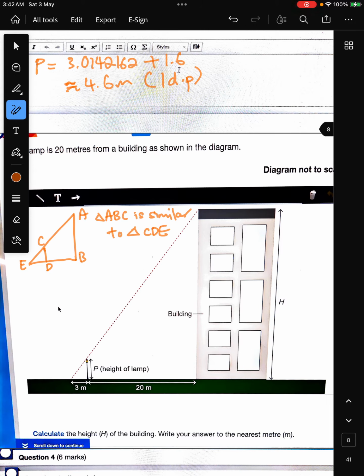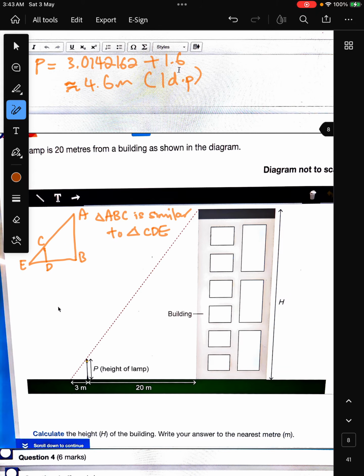Now let's recap what similar triangles are. Similar triangles basically means that both triangles have the same shape, but they do not necessarily have the same size. So maybe one is proportional to the other. In this case, if we look at ABC and CDE, to ensure that they have the same shape, you must have the same angles for both triangles.